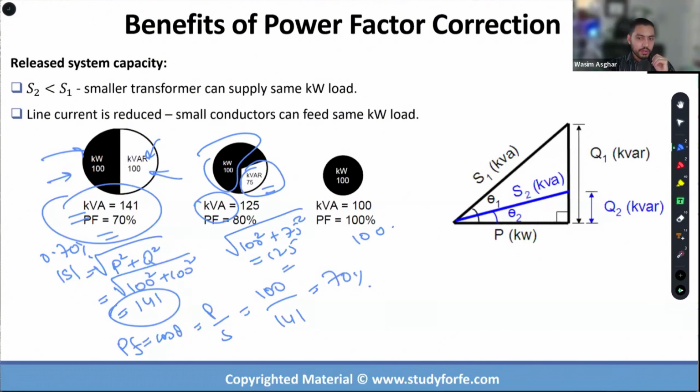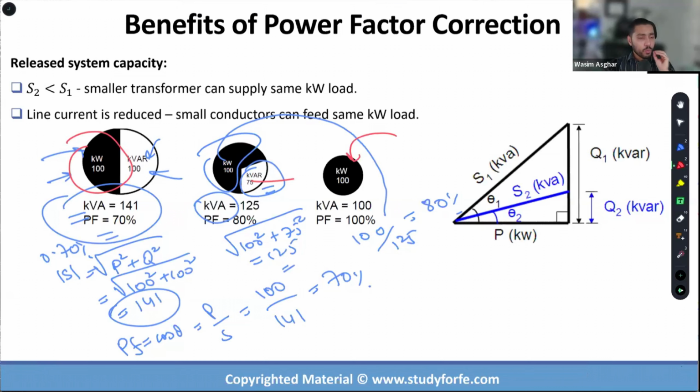And now when I do 100 divided by 125, with the real power still the same, that is going to be 80%. So the power factor is improving. You're still keeping the real power the same, but you're shrinking the reactive power because maybe you have that small capacitor feeding the reactive power locally, right?